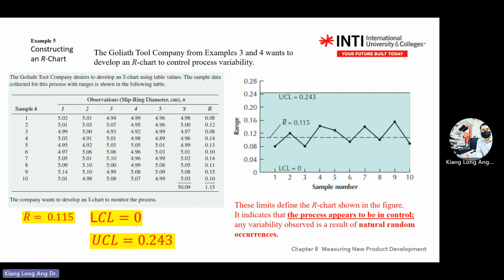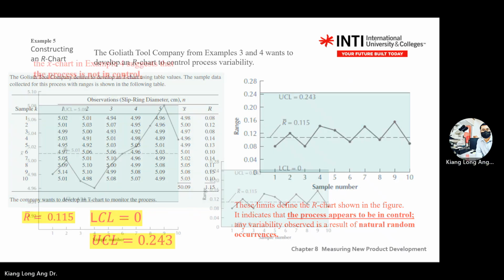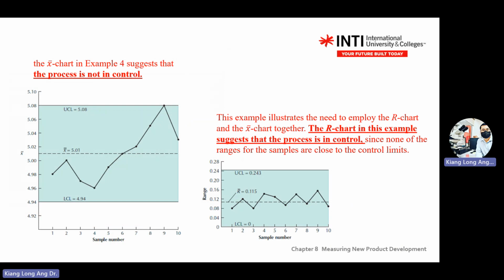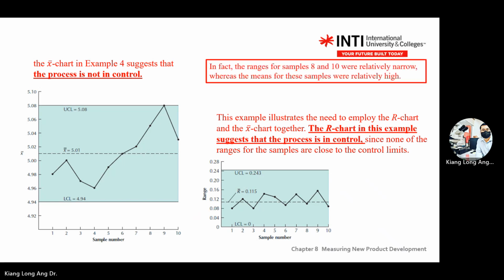And in this case, it's a random occurrence. Okay. So this is our comparison between the two. This is the one that you see in the mean chart. This is the one you see in the R chart. So the rest you read.